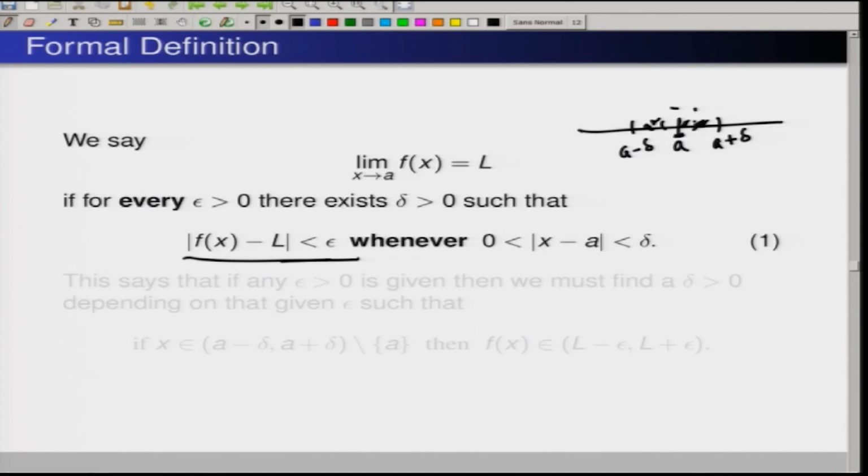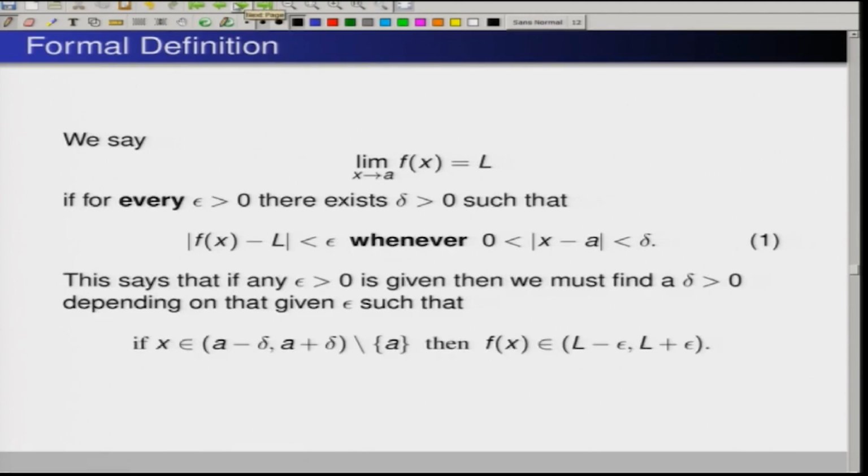So, whatever epsilon somebody gives us, we can produce a delta such that in this interval f of x is close to L, and then we say that the limit of f of x as x goes to a is equal to L.